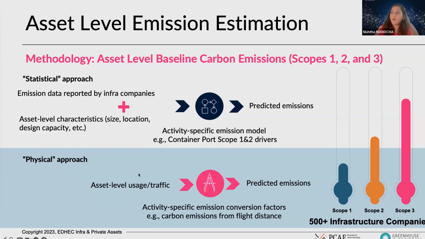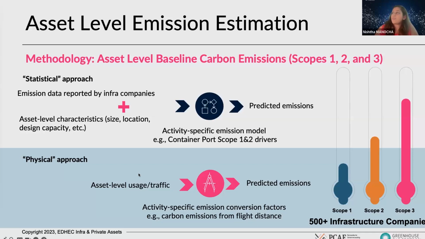Based on the data available for any given asset class or any given asset, we take two approaches. Either we follow a statistical approach where we run regression models to estimate an asset's carbon emission, or we undertake a physical approach where we take the physical quantity, like an asset level usage, electricity used, fuel burnt, etc., multiply that with a relevant emission factor and predict the emissions.